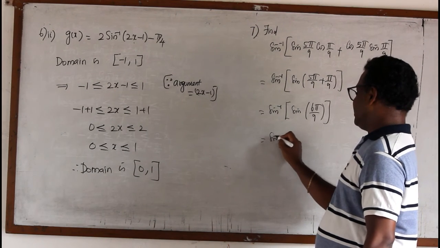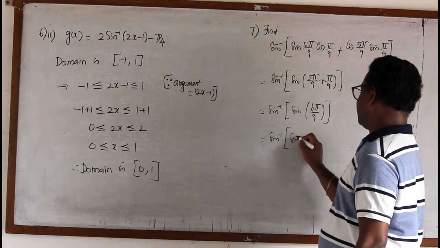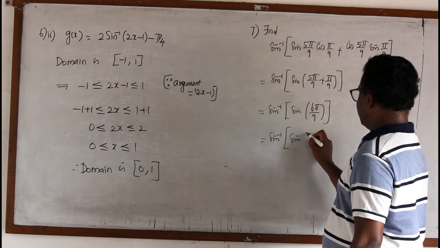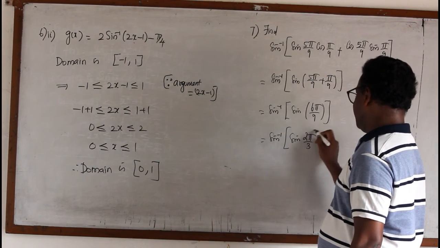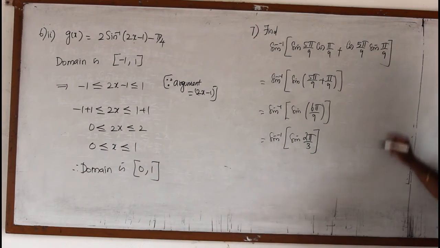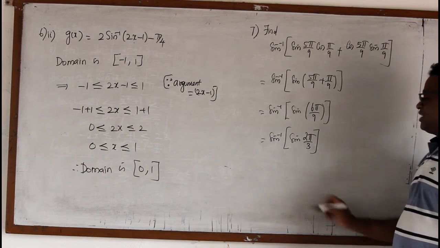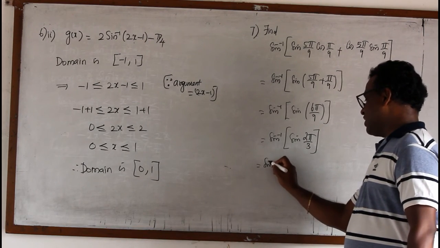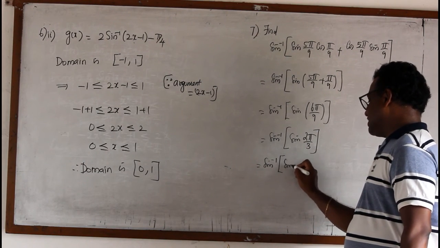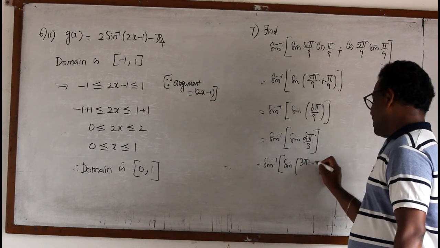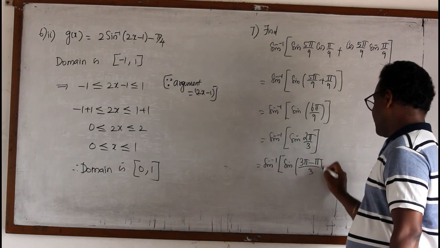It is sin inverse of sin, when I divide by 3, 2 pi by 3. It is 120 degrees. 120 does not lie in minus 90 to plus 90. So this can be written as sin inverse of sin (3 pi minus pi by 3).